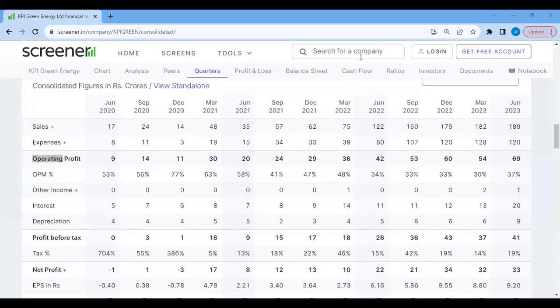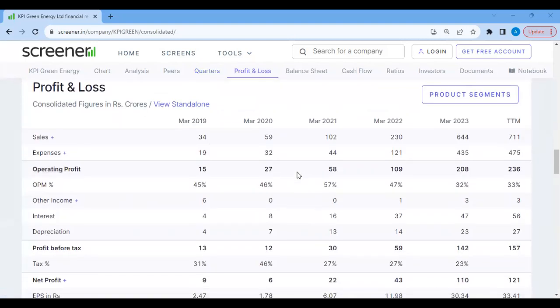Anyone who has any questions on the P&L statement? I hope you understand every line, because this is the most important statement, right? Now, the P&L statement is there for every quarter. Similarly, the P&L statement is there for every year also.